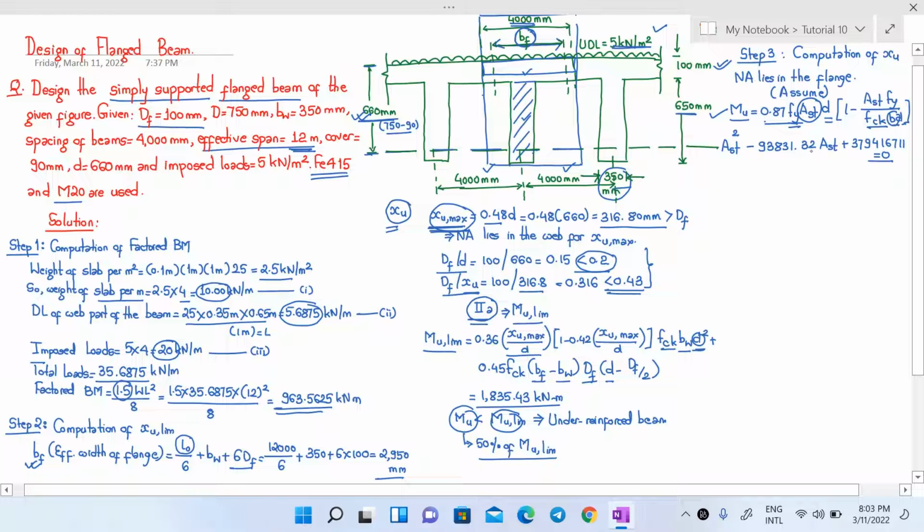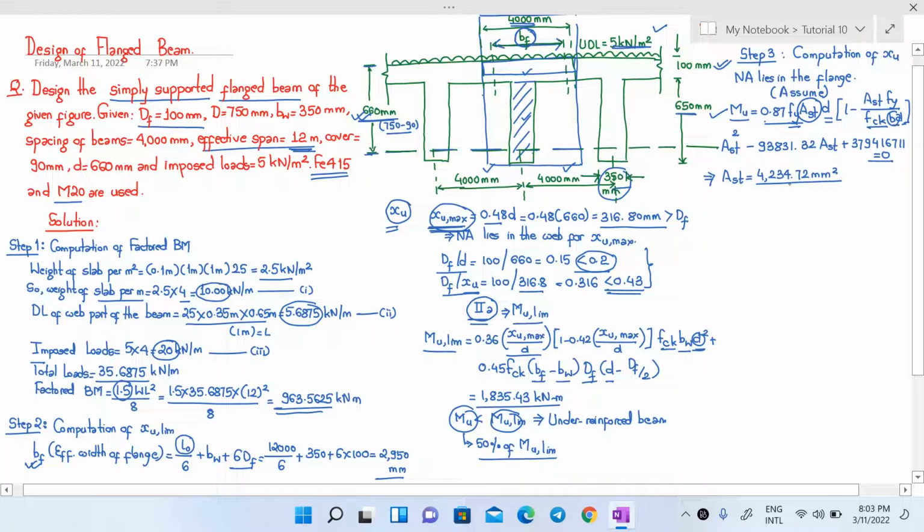Solve this quadratic equation and take the lesser value, and that will be our required value of Ast. So if you solve this equation and take the lesser value, you will get the value of Ast to be 4234.72 millimeter square.